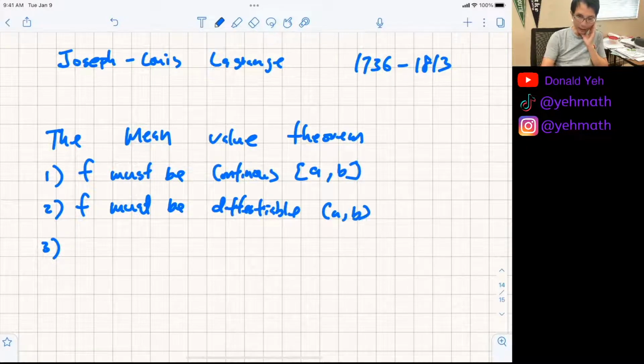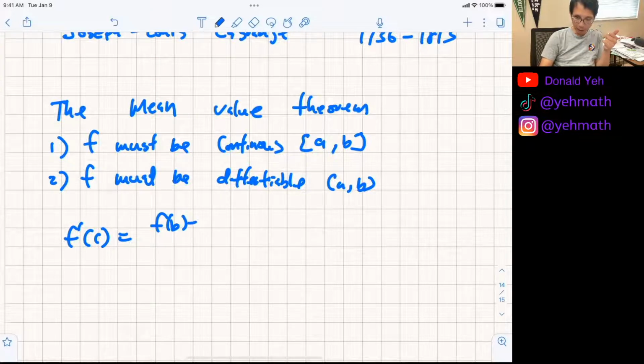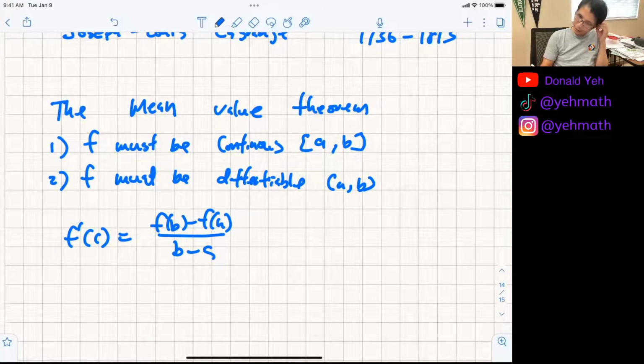He says we don't need a third condition. If those two conditions exist, f prime of c is equal to f of b minus f of a over b minus a, when instantaneous rate of change is equal to average rate of change.